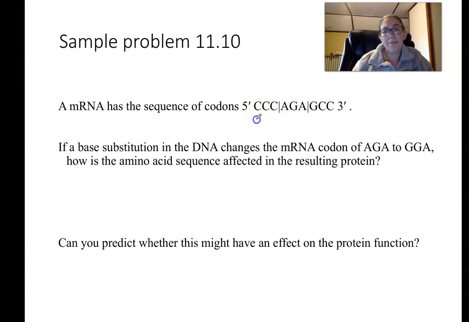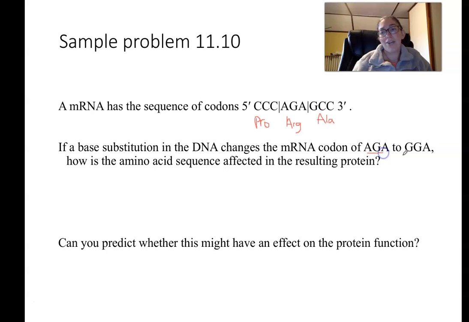CCC is proline. AGA is arginine. And GCC is alanine.